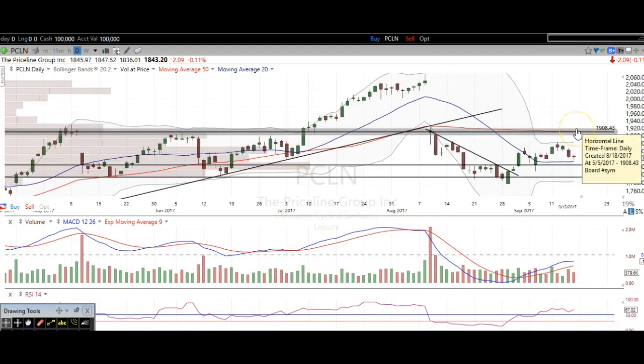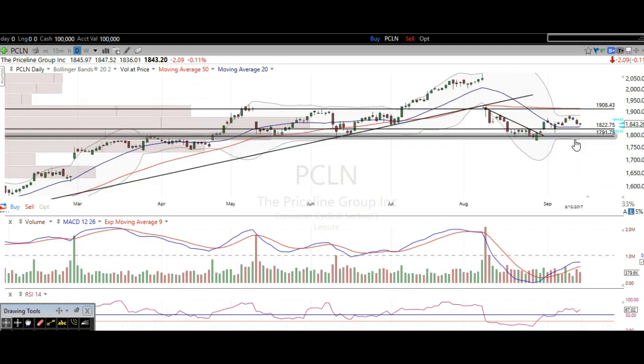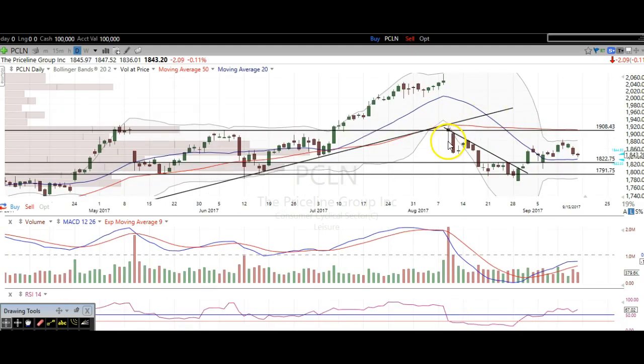As far as resistance, we've got resistance up here at about 1908. What you want to pay attention to also is this huge gap down on earnings right here with some big time selling volume. All right, so what we saw there is a gap down with some big selling volume 2 days in a row, this day and then the following day, both with very large selling volume days.